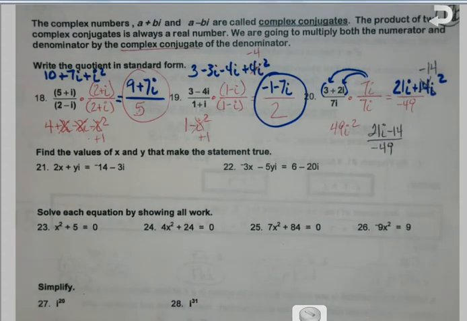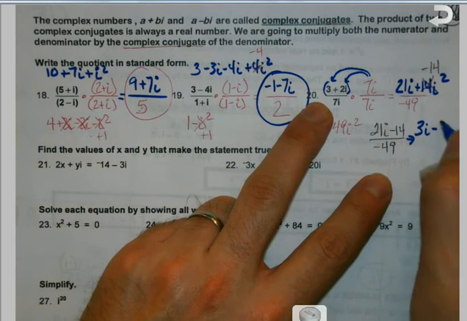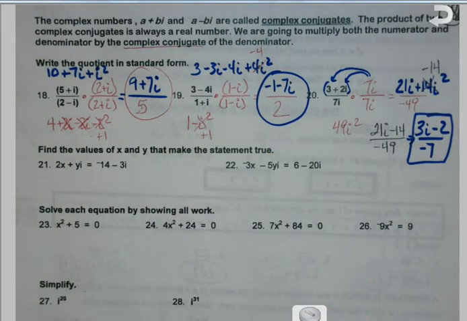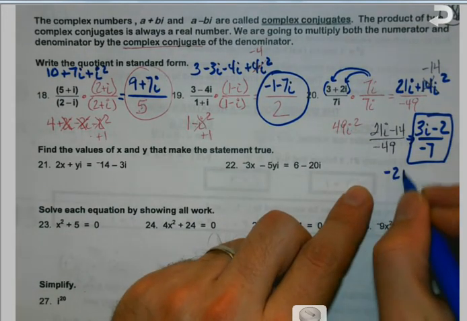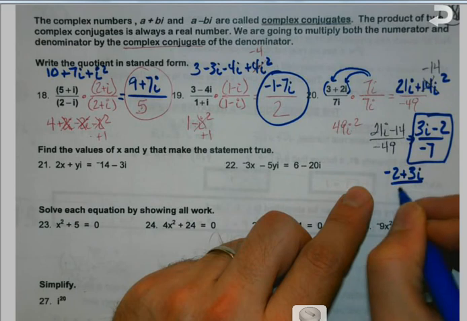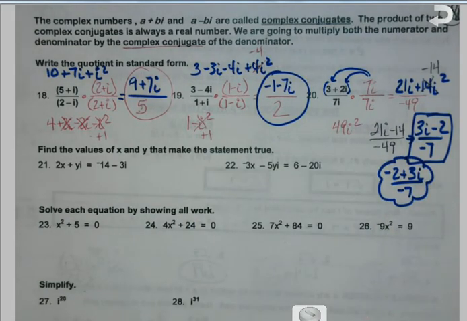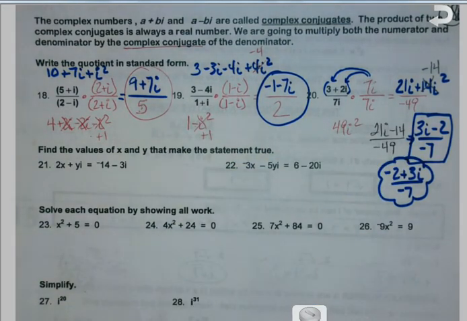Is there anything that goes into all three of those terms? 7. So I'm going to divide each of those by 7. Now I'm done. Except for the fact that I was bad and did not write this in standard form, which is the better way to go. Not incorrect, just better. It's like better and best, if we wanted to look at it that way.